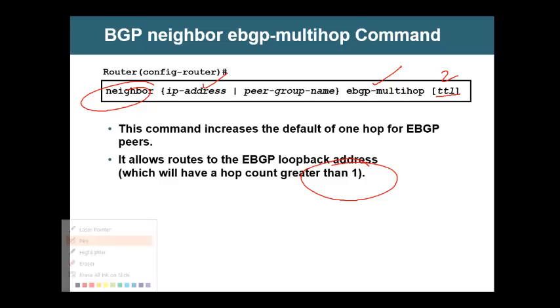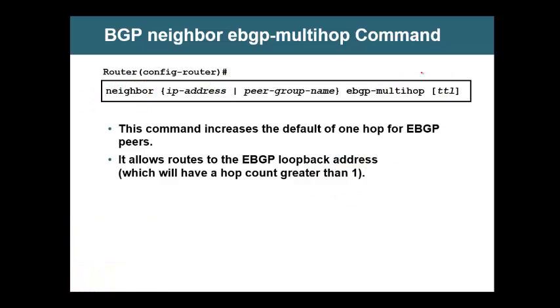But in our case, if TTL is 1, the destination needs to be directly connected, which is not true because we are using loopback interface addresses. How will a loopback interface address show as directly connected in the routing table? Not possible. So we break the rule by putting TTL 2.